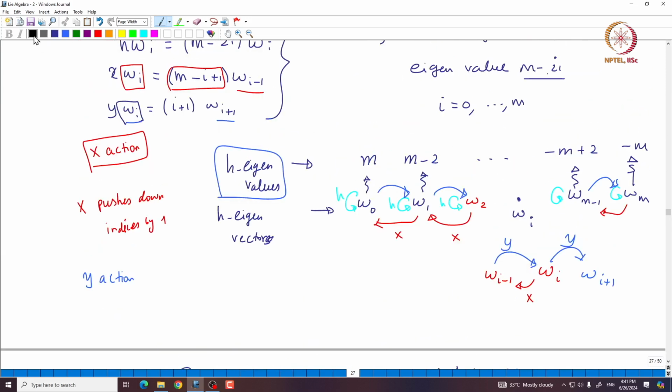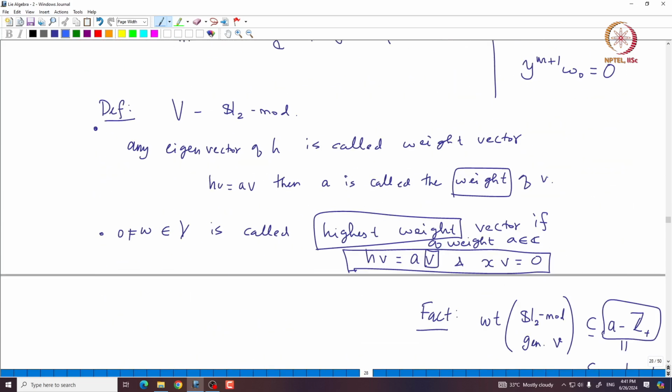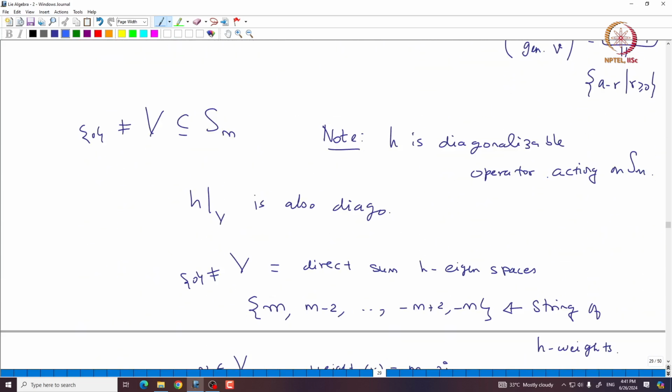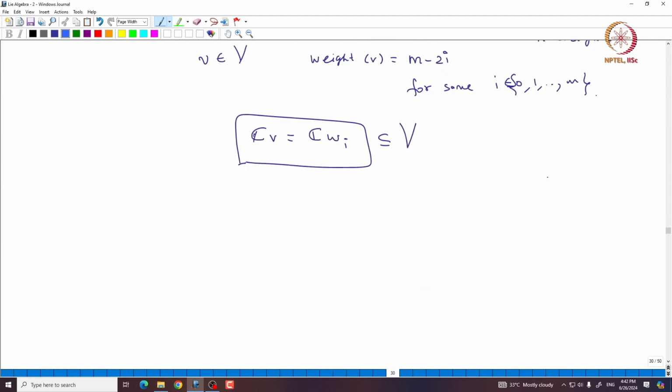If I take this w_i and use, for example, the action of x, the action of x is going to bring the index down, and if I use the action of y, it is going to increase the index. That means by repeatedly applying x and y, we will be able to reach other w_j's.